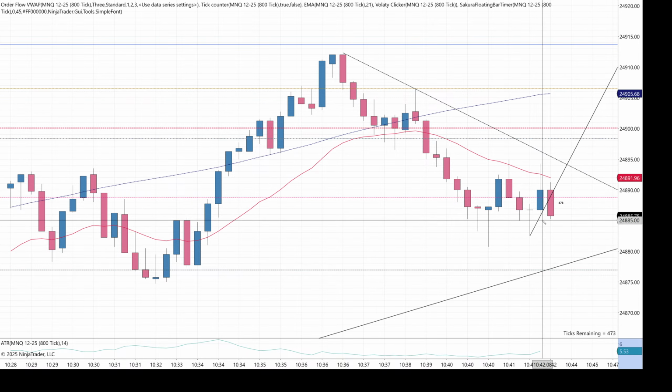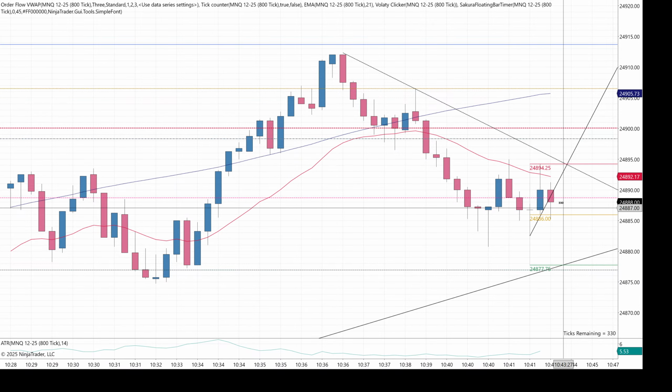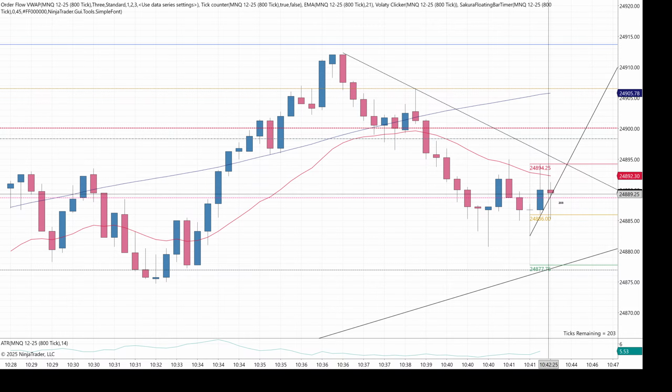This is actually a bearish trigger here. I don't know if I should take it or not because of the trend line. I'm kind of iffy on this one, so I'm probably gonna pass.